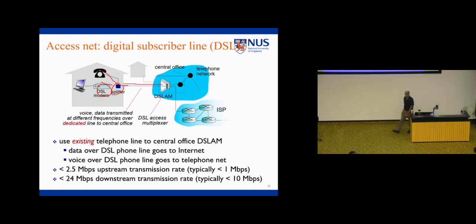If you look at this, every house had its own cable coming from the telephone company to their home. That wire you didn't share with anyone. So you have a connection that's just yours. Whatever data rate is possible on that connection is just yours. Nobody else will have that.